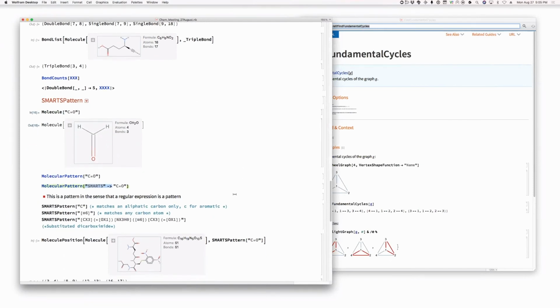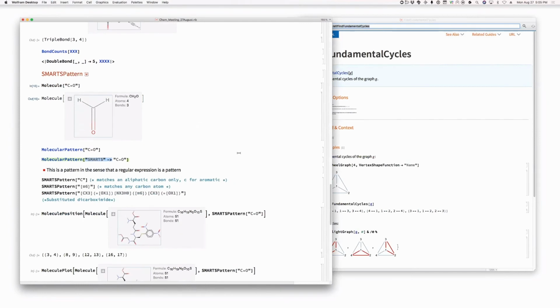As a smiles string, that carbon specifically has two hydrogens, but as a pattern, it has two hairs, so to speak, and those two hairs could be bonded to one carbon, so you could have two double bonds on either side. So you could make a molecule that is C equals O, and it would match on that smarts pattern.